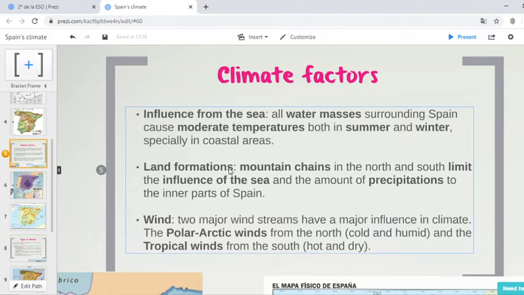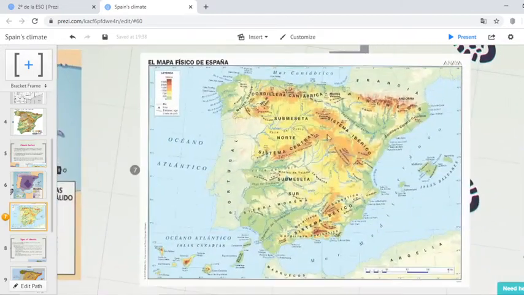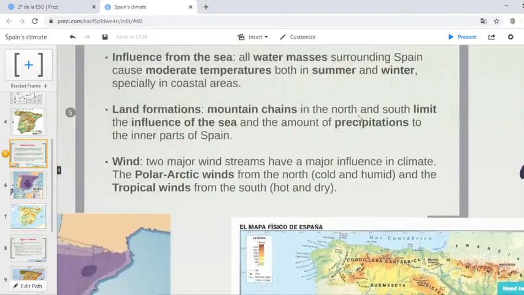The next and second wind I want you to remember are the tropical winds. The tropical winds come from the southern areas, typically from Morocco, Algeria, and the Sahara. So as you can imagine, this wind stream comes from south to north, hitting here pretty heavily. Those are different kinds of winds.